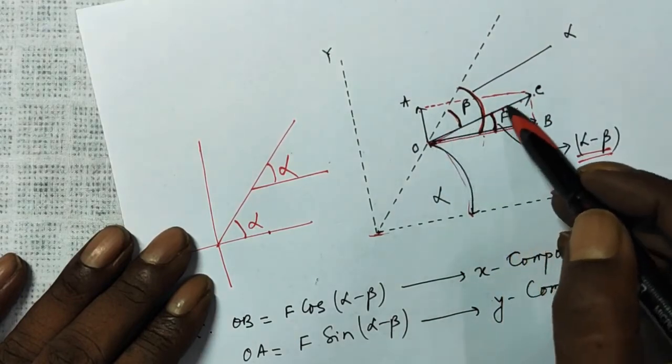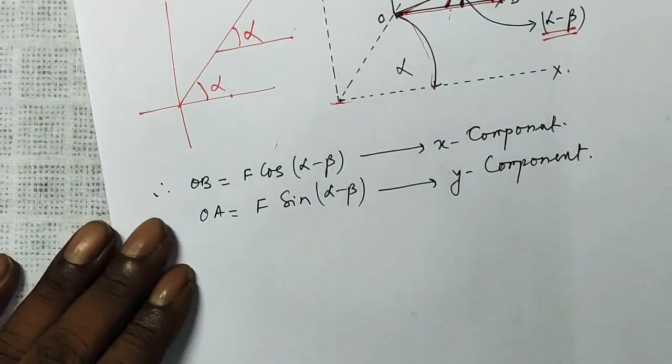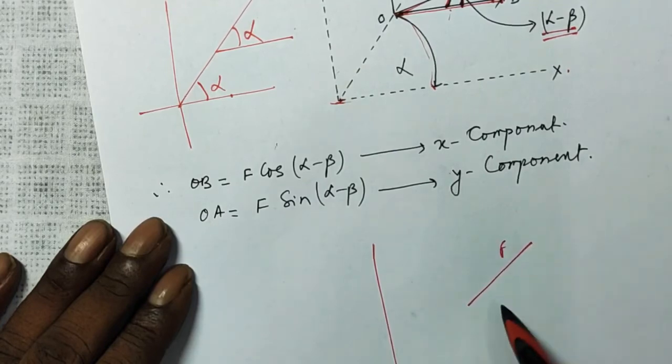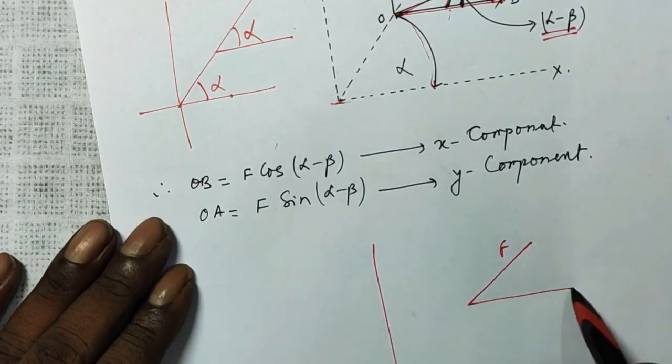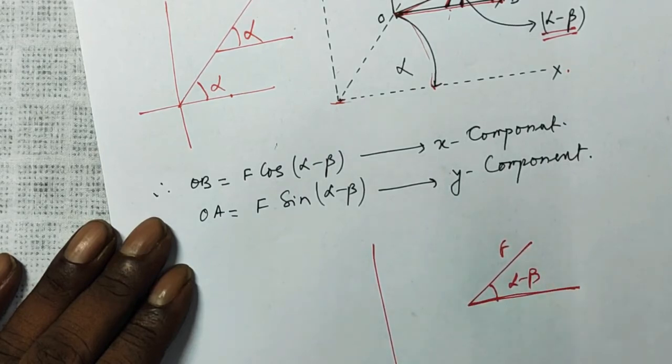So here we have a force F. I am redrawing for your convenience. We have a force F, which is making an angle alpha minus beta with the horizontal.